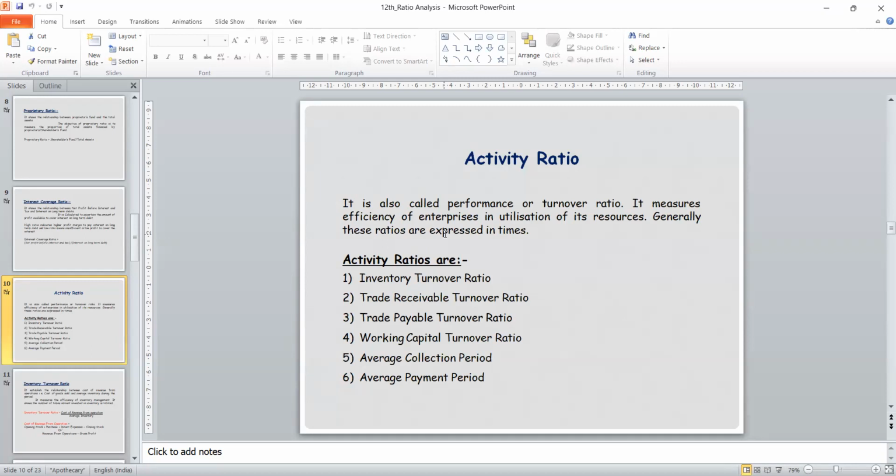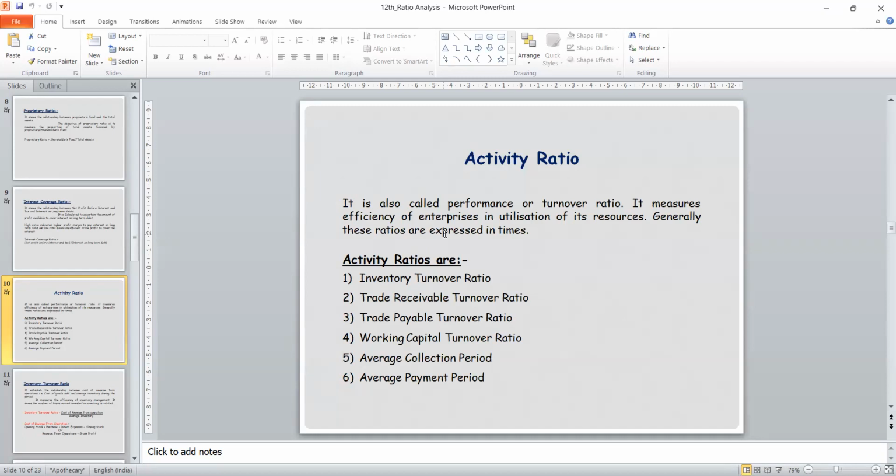The third is trade payable turnover ratio, means how efficient you are in your payment. If you are paying the creditors in time, then they will allow you future credit. Otherwise, your credit is not good and you will not receive any credit goods from any creditors.